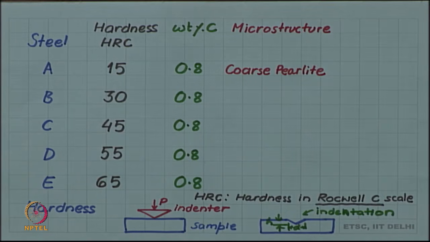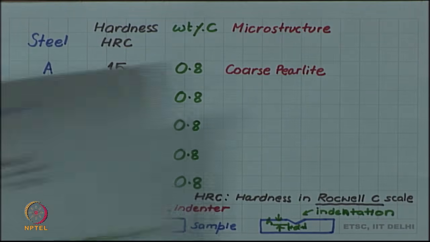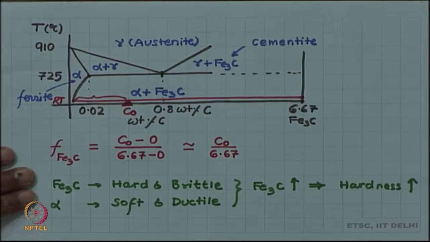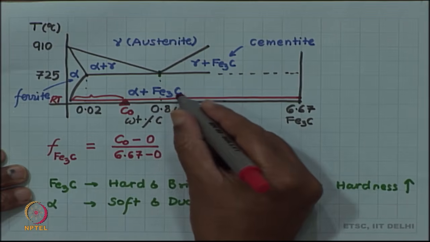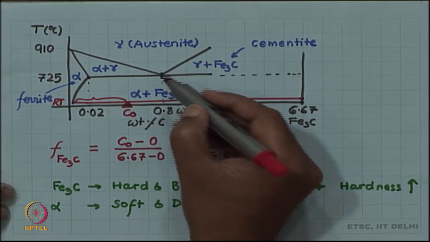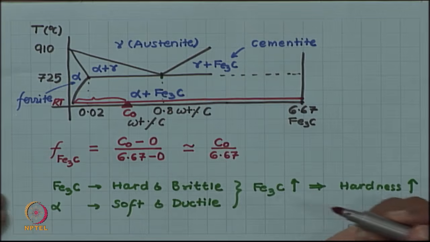from the phase diagram chapter. When we saw the iron carbon phase diagram, you remember we met with pearlite. Pearlite was nothing but a mixture of alpha and Fe3C produced by cooling of austenite.